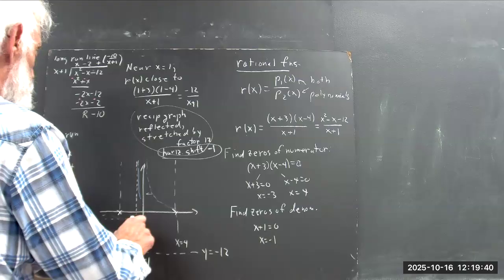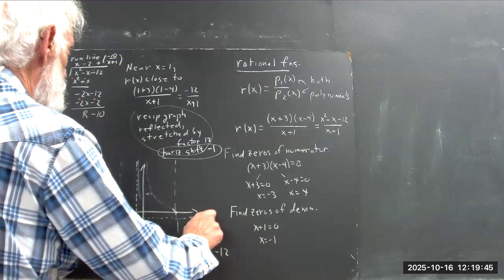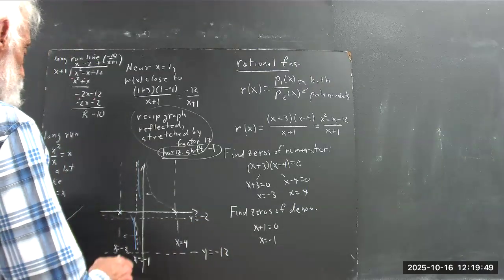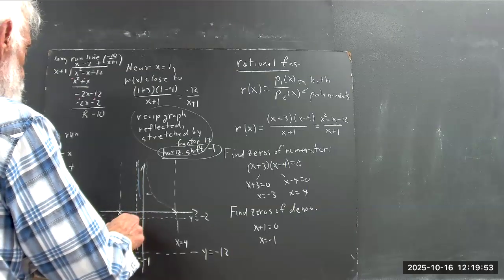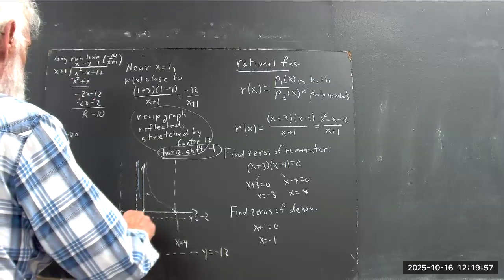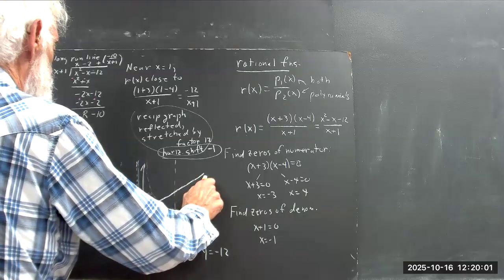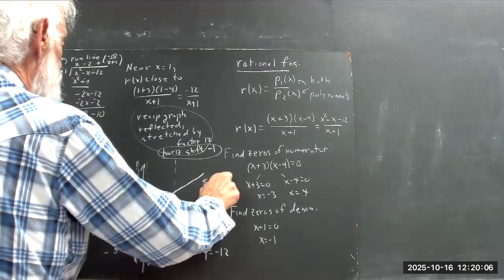Well, y is negative 2 about here. And x equals negative 2 would be about here. It would go through this point and this point. We call this a slant asymptote.